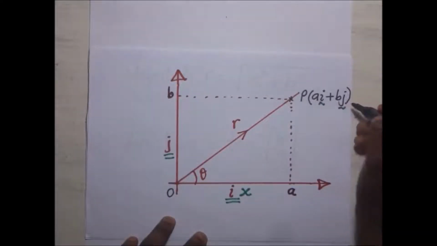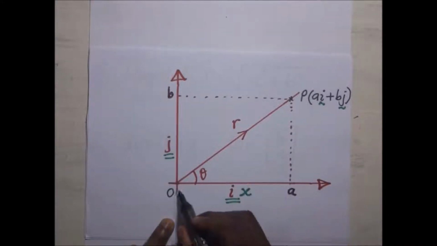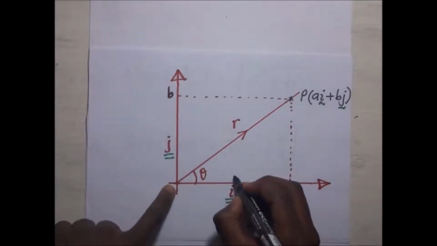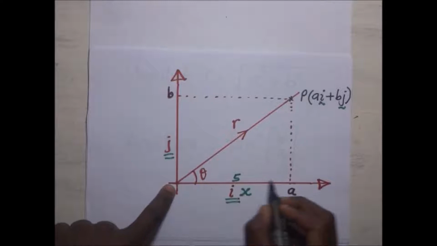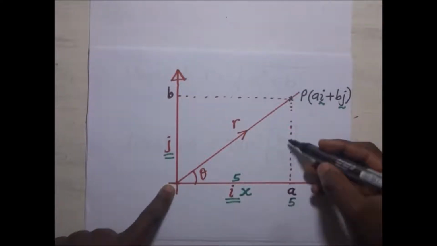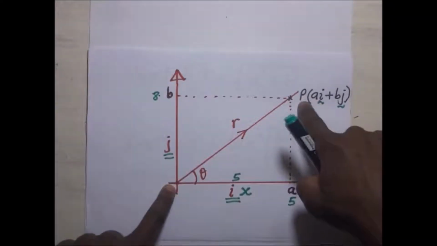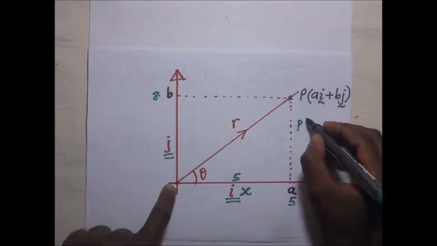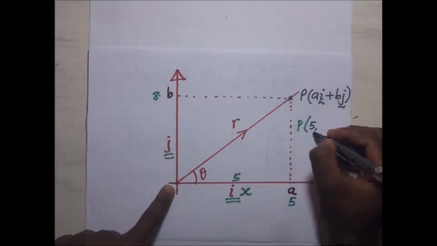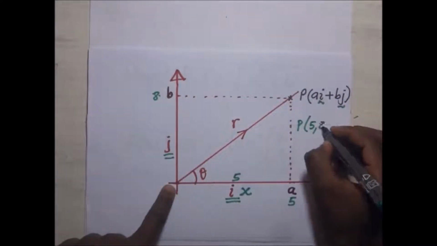So if from O to A, let's say it was 5 units, and from here to here, let's say it was 8, it would mean that the coordinates of P from the origin will be 5, comma, and then when you go along the y direction, it will be 5, 8.